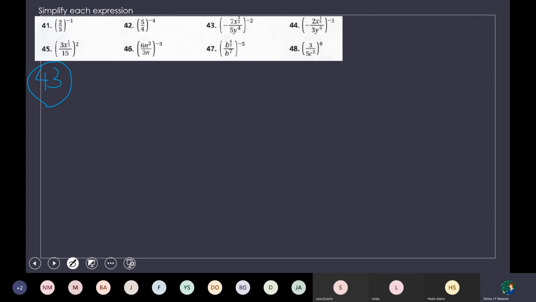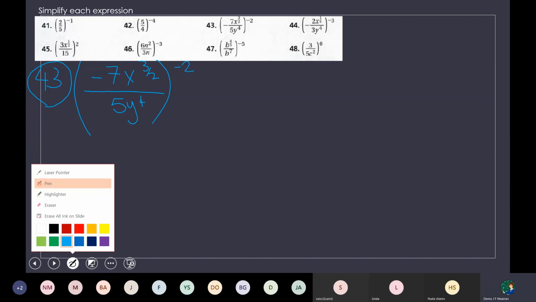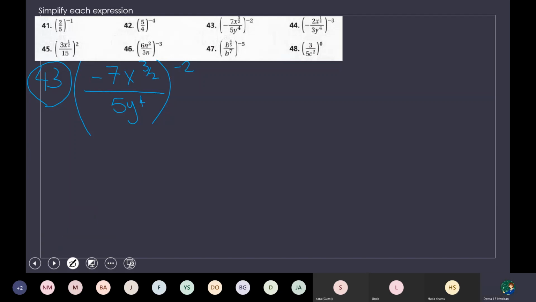Here now you have negative 7x raised to the power 3 over 2 over 5y raised to 4. And they are raised to the negative 2. And then, as we said yesterday, if we have a negative sign on the power of a quotient, just write its reciprocal.